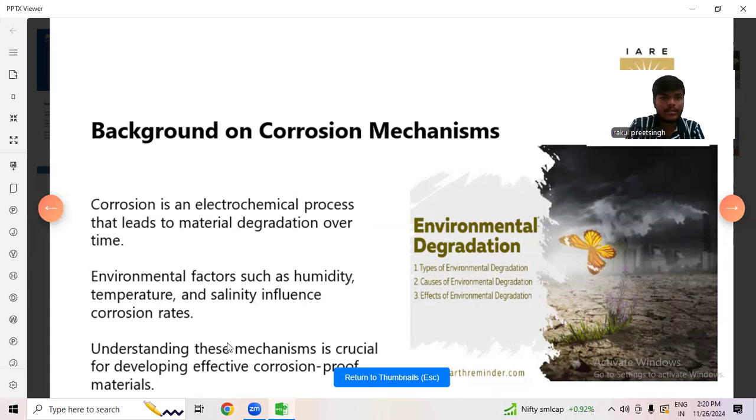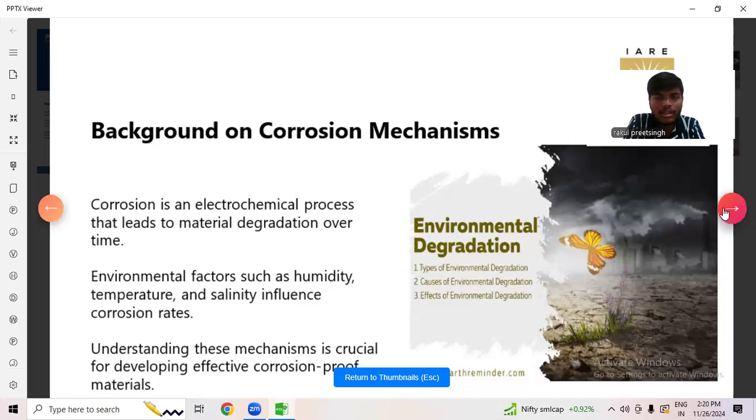Understanding these mechanisms is crucial for developing effective corrosion-proof materials. This picture shows environmental degradation: first, types of environmental degradation; second, causes of environmental degradation; third, effects of environmental degradation. This is the background on corrosion mechanisms.